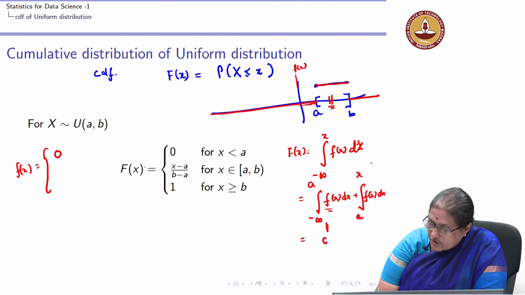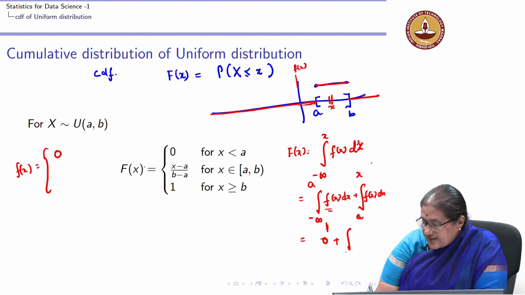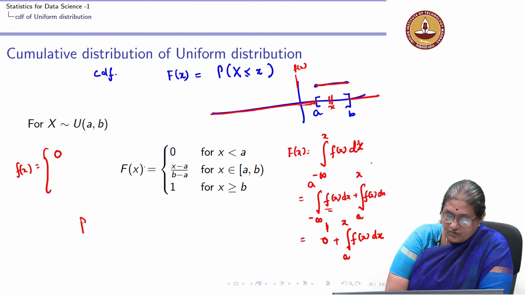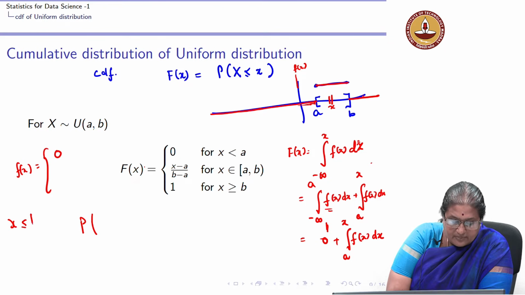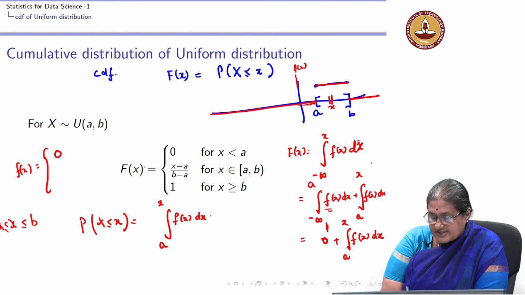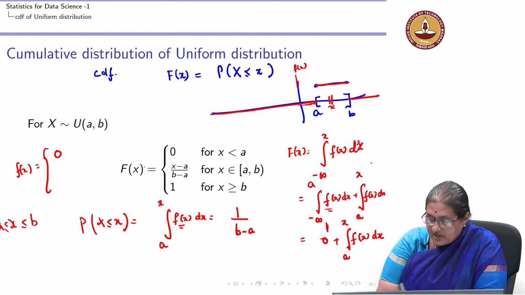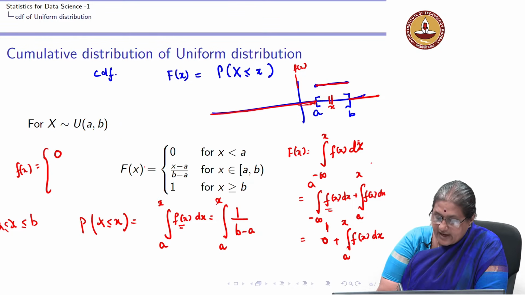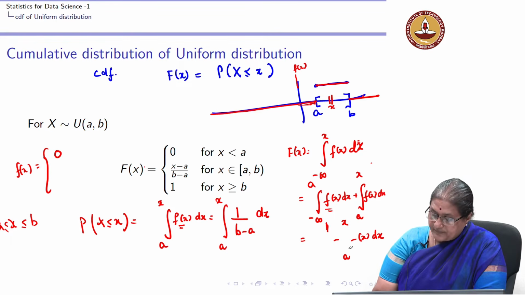So, the first part contributes 0 and this is going to be the integral from a to x of f of x dx. So, for x lying between a and b, the probability that X is less than or equal to x is the integral from a to x of f of x dx. Now, x is lying between a and b, and I know f of x when it is lying between a and b is 1 by b minus a. So, I have the integral from a to x of 1 by b minus a times dx.